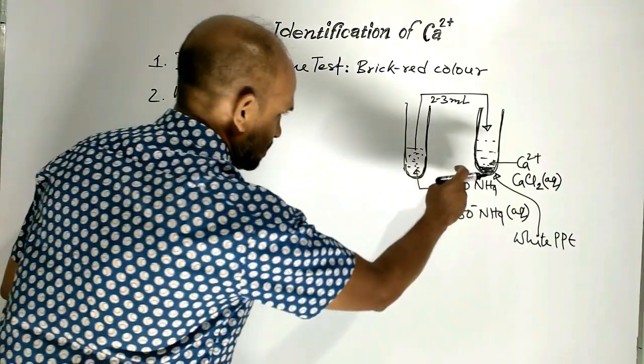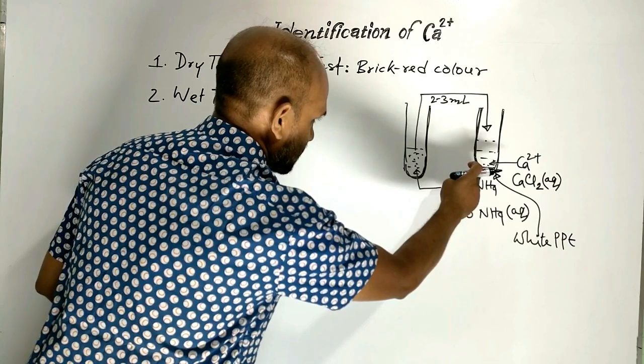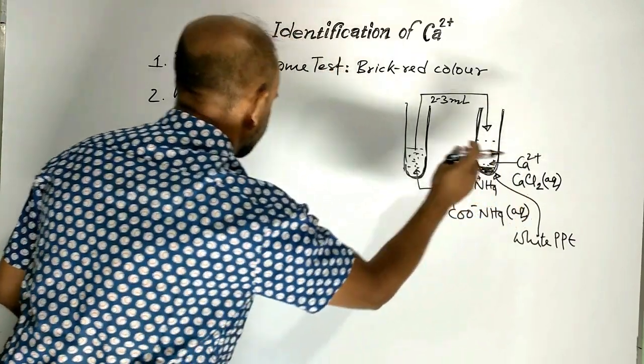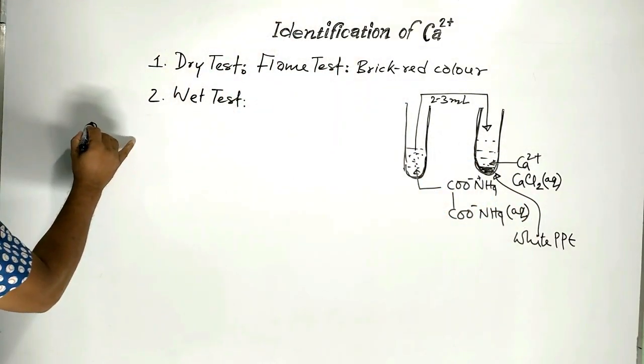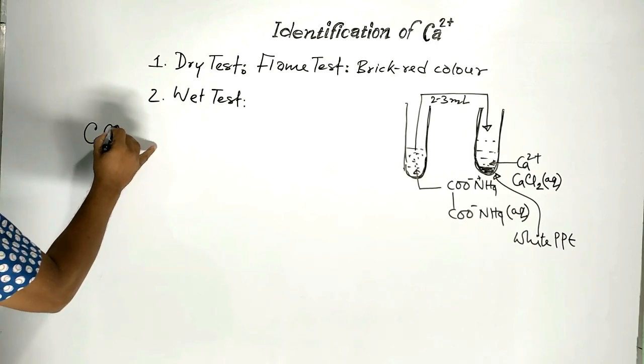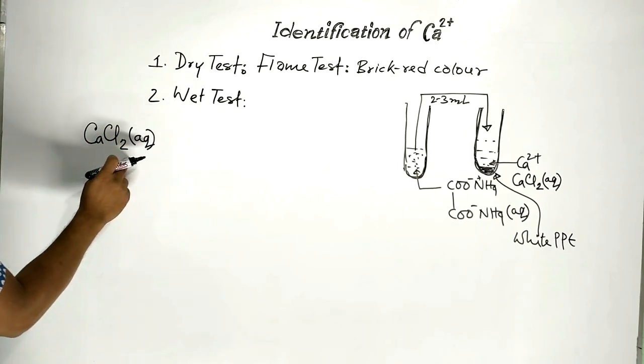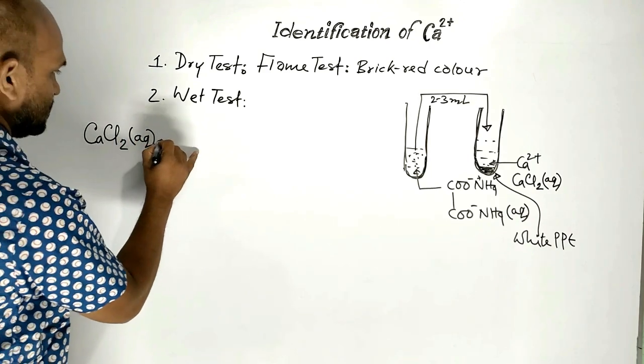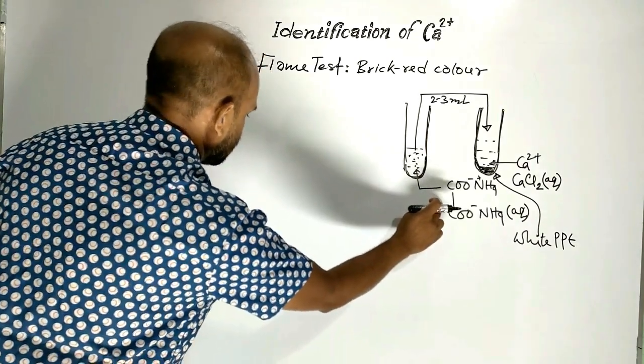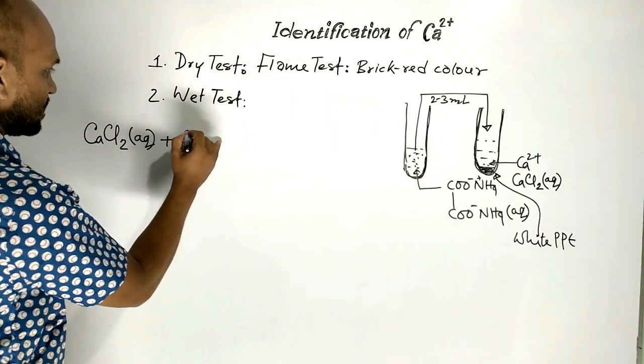Here, solution of calcium 2 plus ion, suppose calcium chloride. Solution of calcium chloride, in which solution of ammonium oxalate is added.